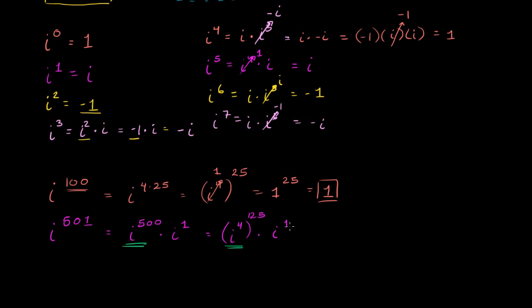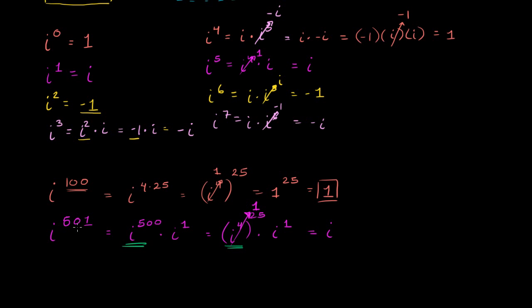Well, i to the 4th is 1. 1 to the 125th power is just going to be 1. This whole thing is 1, and so we are just left with i to the 1st. So this is going to be equal to i. So it seems like a really daunting problem, something that you would have to sit and do all day. But you can use this cycling to realize that i to the 500th is just going to be 1, and so i to the 500th times i is just going to be i times that.